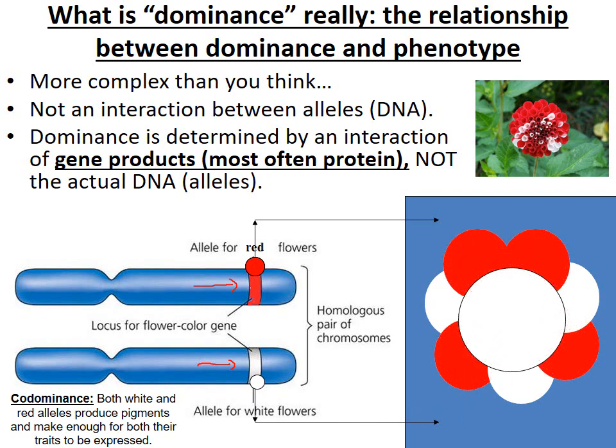And then we get codominance. We get some white showing up and some red showing up as well. So at the genetic level, you'll learn more about that in grade 12. That's what explains codominance, complete dominance, and incomplete dominance.